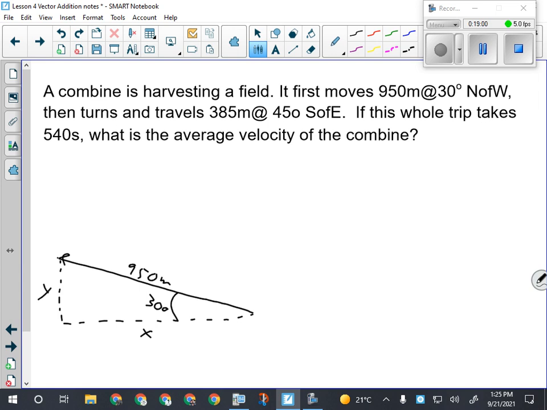Now, the next part here says travels 385 meters, which is much shorter than this line. Okay, but it goes 45 degrees south of east. All right, so if I draw my reference line east, and I'm only going to draw it this far because it's quite a bit shorter than the 950 meters. 45 degrees is past this line. Would you agree?